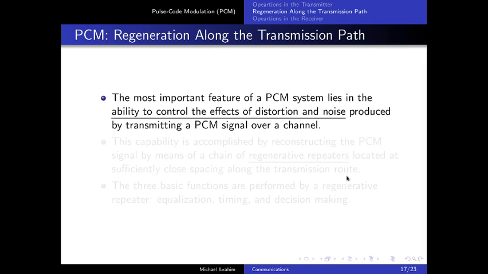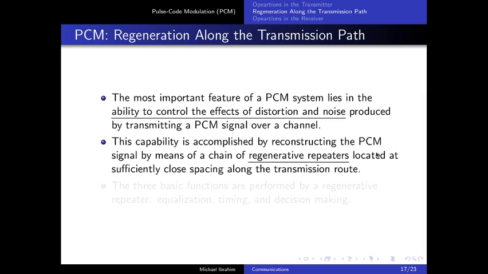So now that we are done with the operations in the transmitter, we can move on to the regeneration along the transmission path. Along the transmission path, the most important feature of a PCM system lies in the ability to control the effect of distortion and noise, basically by using regenerative repeaters, trying to regenerate or create a clean copy of the message. This capability is accomplished by reconstructing the PCM signal by means of regenerative repeaters, which are located at sufficiently close spacing along the transmission path.